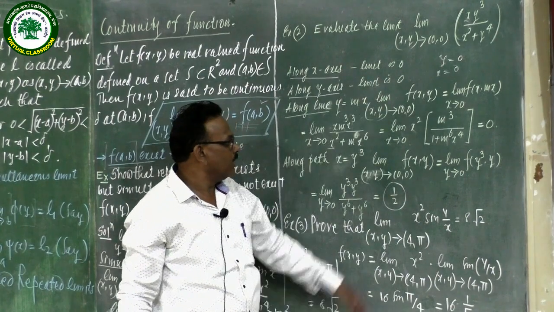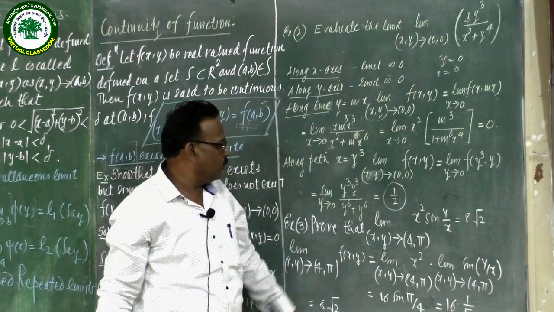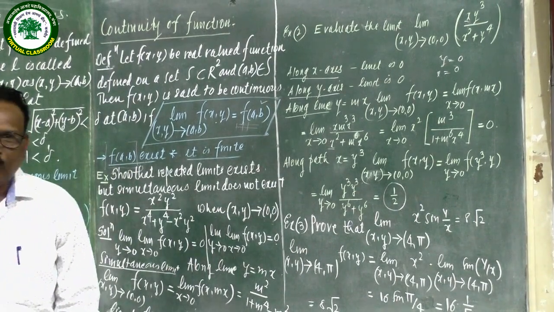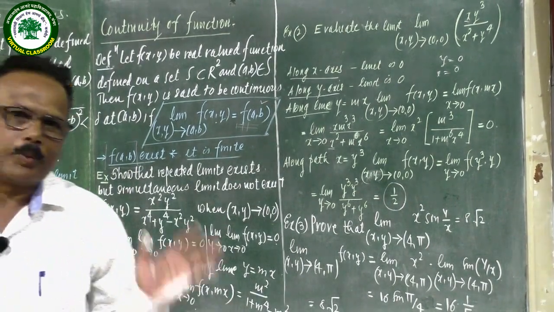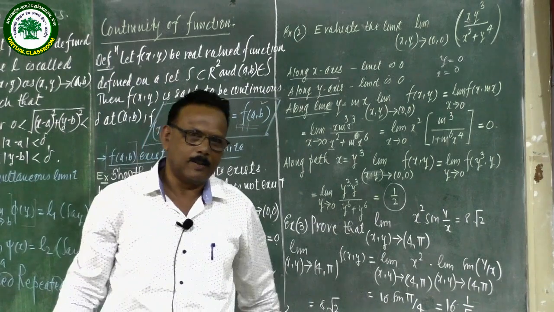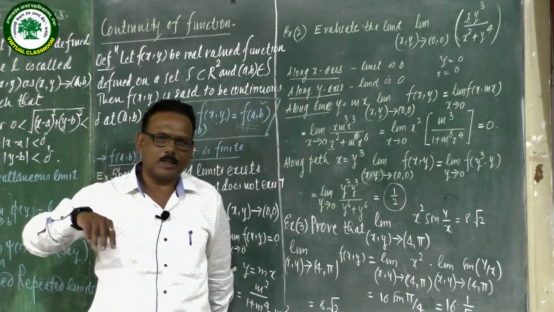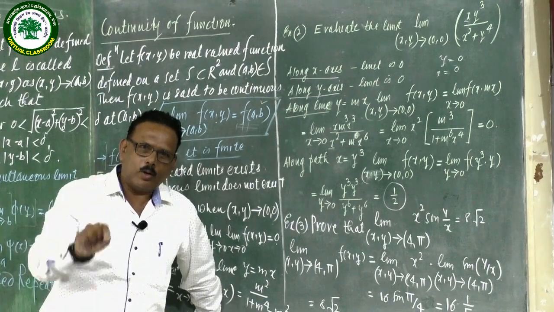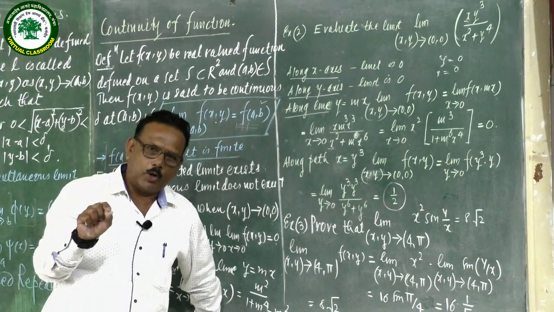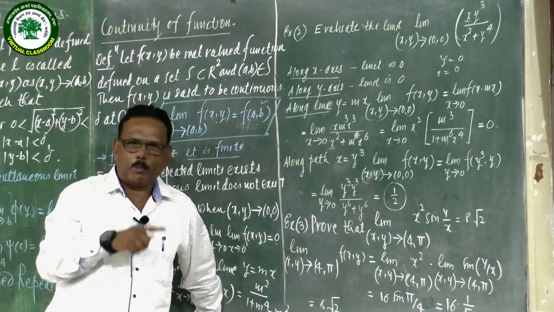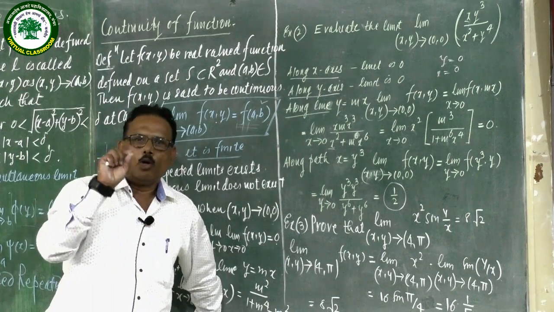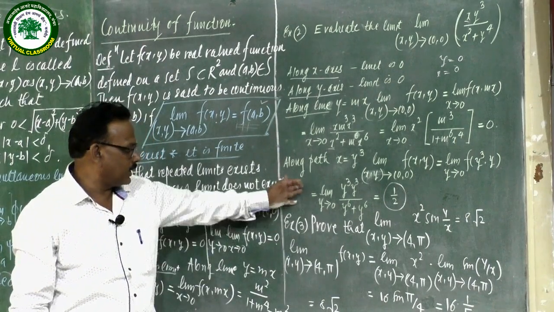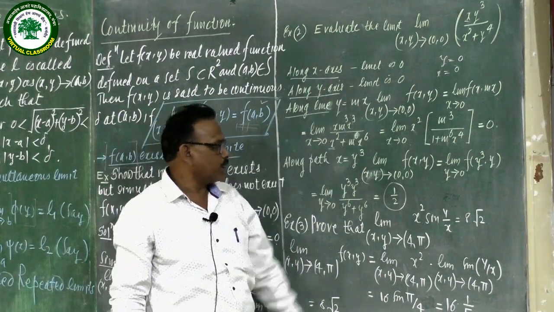In three cases it is 0, but when the path is changed the value of the limit changes to 1 by 2. In such cases, while approaching the point (0, 0) along different paths, the value should be the same, otherwise the limit does not exist. Here in this case again, the limit does not exist.